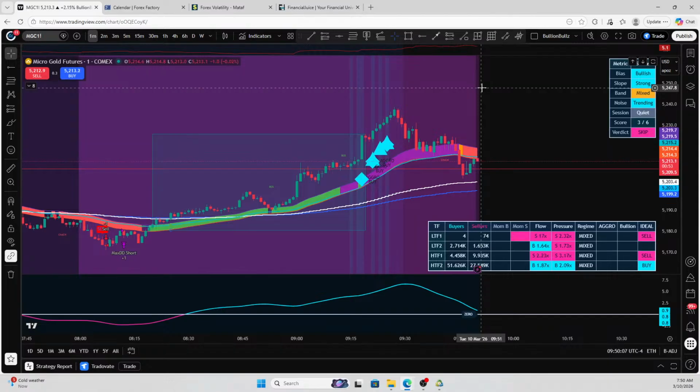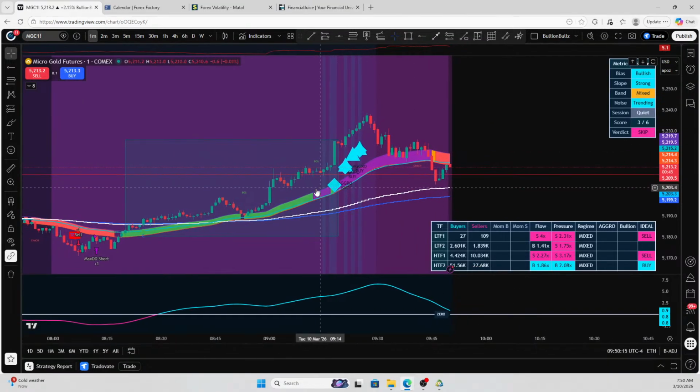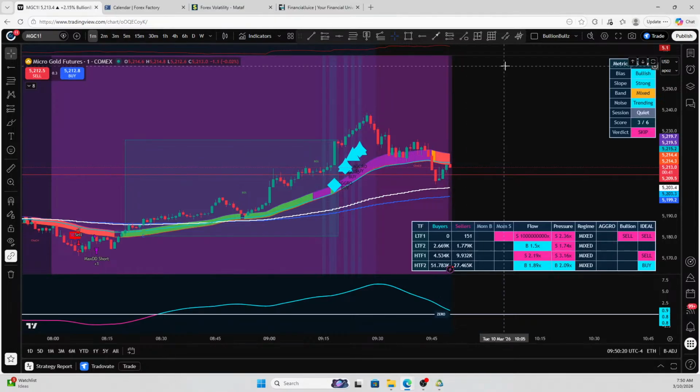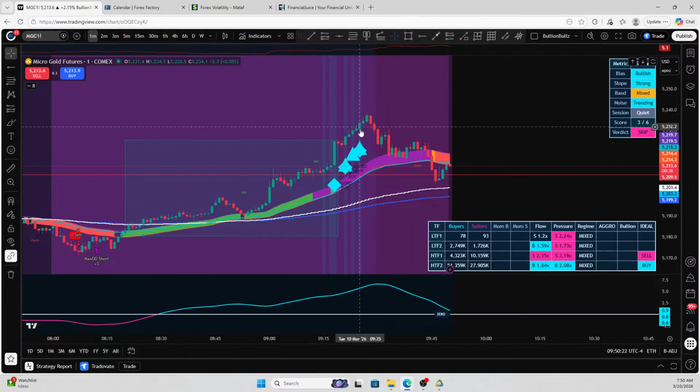So price is currently staying above the previous day high. However, we have started this downtrend here, and potentially this could be a wedge, and then price might just break out of the wedge. But let's see what happens. Declining wedge, right? Is this an ascending wedge or a descending wedge?